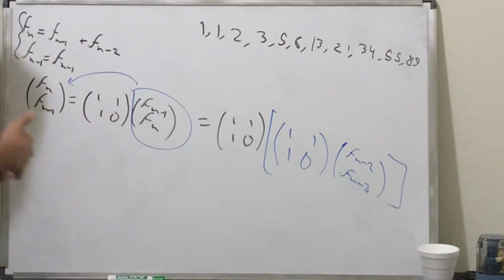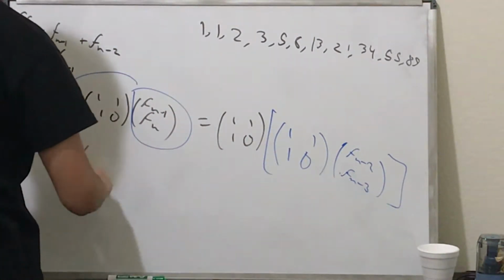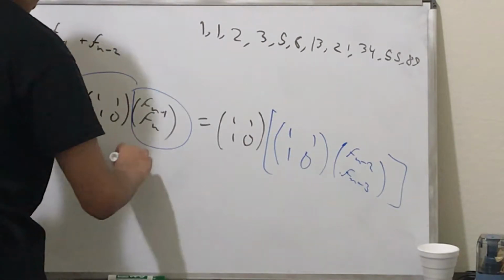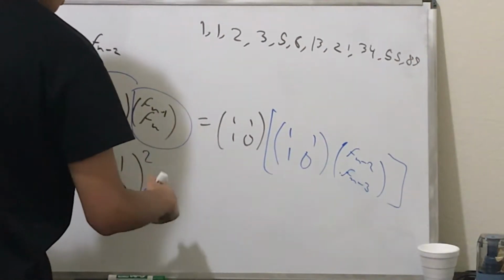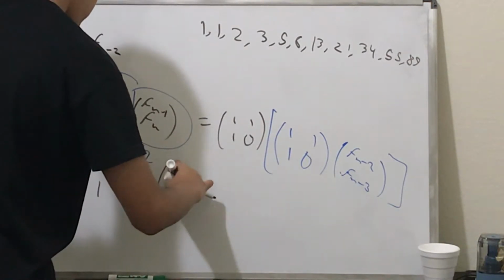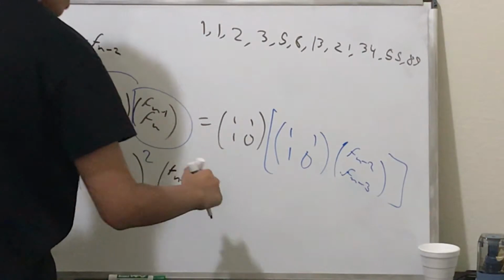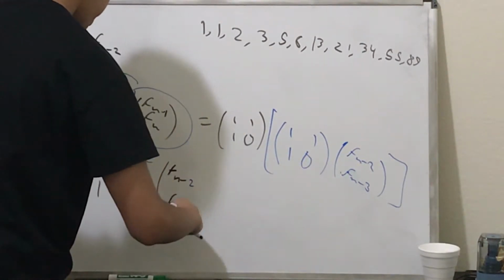We can combine these two, and we get the matrix 1, 1, 1, 0 squared applied onto F of n minus 2, F of n minus 3.